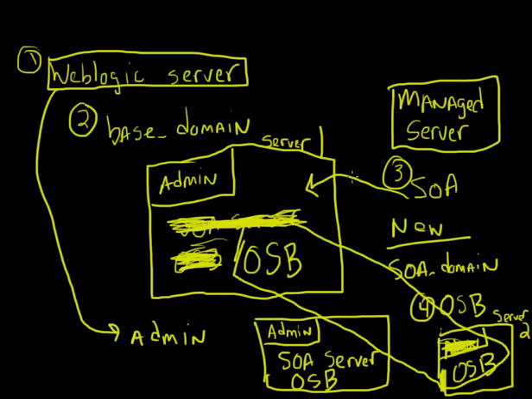Tremendous amount of flexibility, and Oracle gives you a lot of really cool management tools that goes along with all of these different pieces. So this video, again, just to give you the 50,000 foot view of what WebLogic architecture looks like. In the next couple of videos, we're going to start drilling down into each one of these pieces and see all the really cool things that you can do with the WebLogic server.